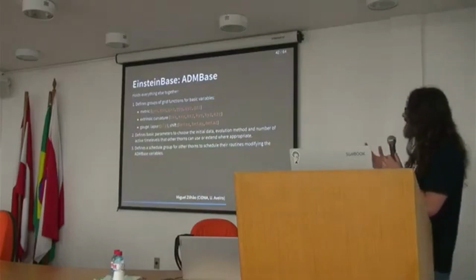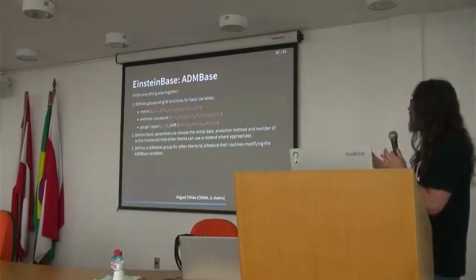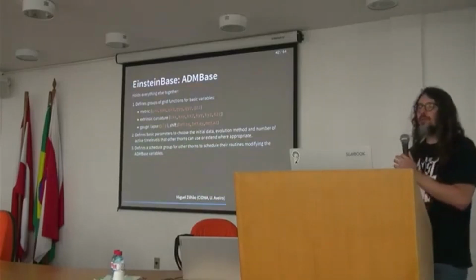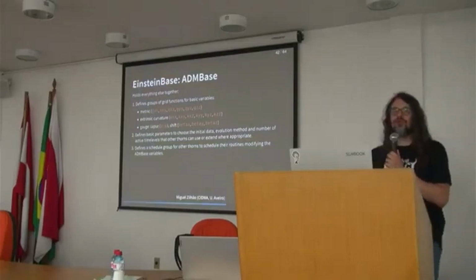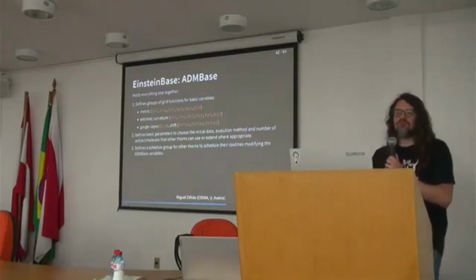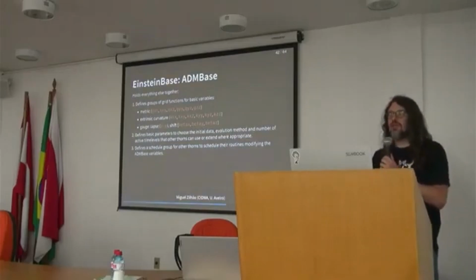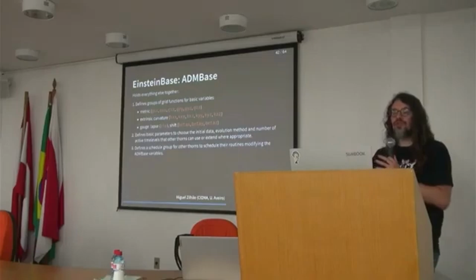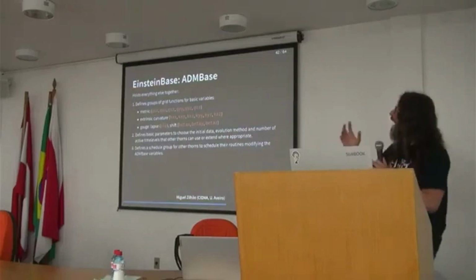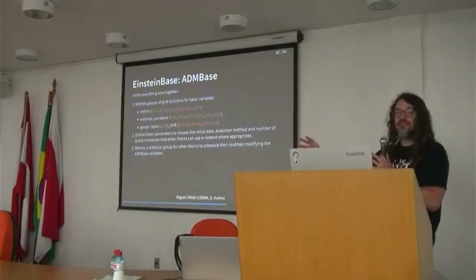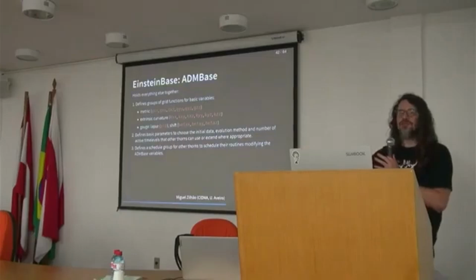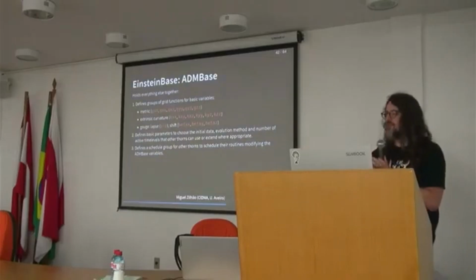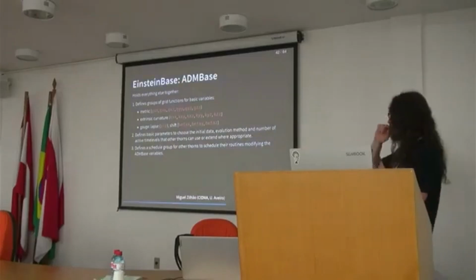The underlying idea is that you should, in principle, be able to hot swap your evolution routine with some new evolution routine that you think is way more efficient, way better, and just keep everything else the same. You should be able to change your evolution routine, and your analysis routines and your initial data routine shouldn't care at all.